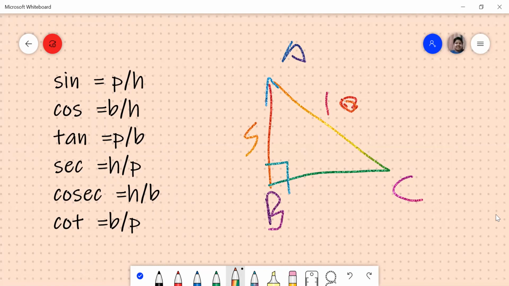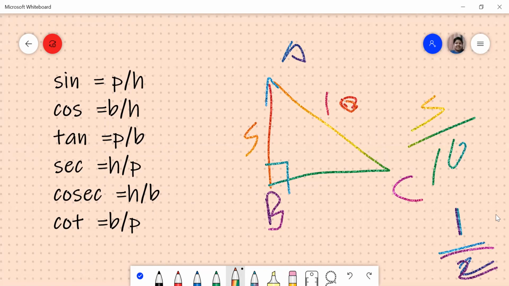Now what you have to find is sine theta. Sine theta is perpendicular by hypotenuse. Your perpendicular is 5 by hypotenuse is 10. So your answer would be 1 by 2, which is nothing but half. So 1 by 2 would be your sine theta.